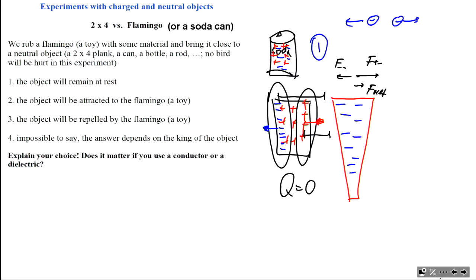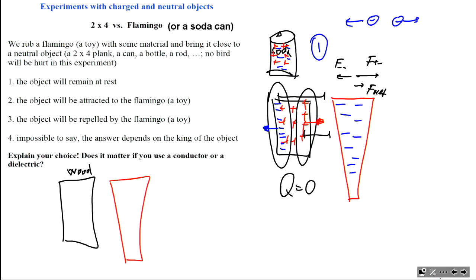Now, a slightly more complicated case is when we attract a dielectric. As we said, in a dielectric, electrons just cannot easily move. They cannot move away from it. But something still happens, something very important. So if this is a piece of wood, and now I'm going to start from the case when we bring a bat very close to it. What's happening? Now you have to use your imagination.